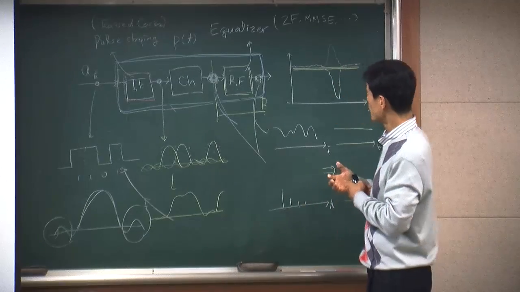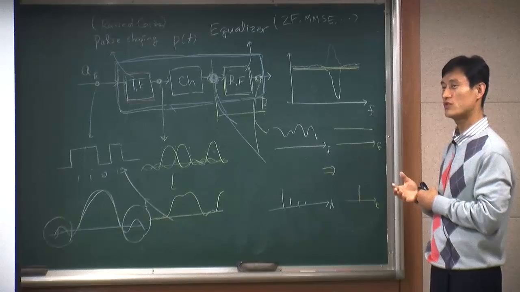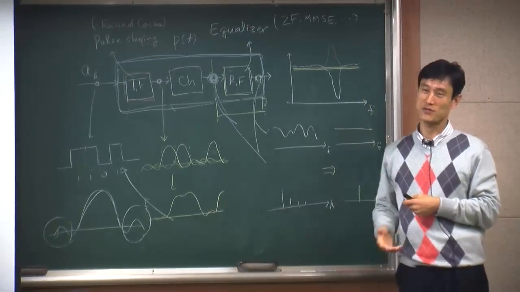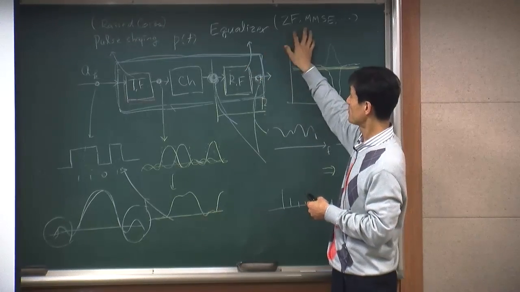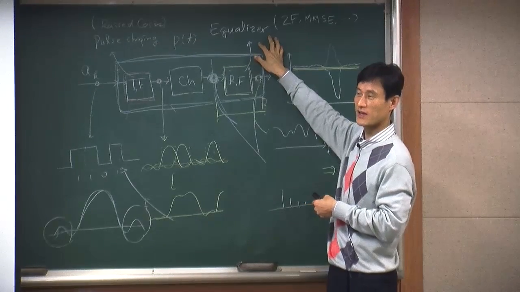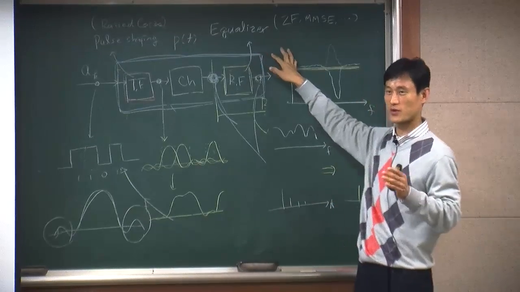But now, to be more detailed, we need to discuss how to design this equalizer. How to design an equalizer is actually very complex. To be honest, there are a lot of different equalizer designs, and if we wanted to cover that, it would probably be one semester of work. It's a lot of work.